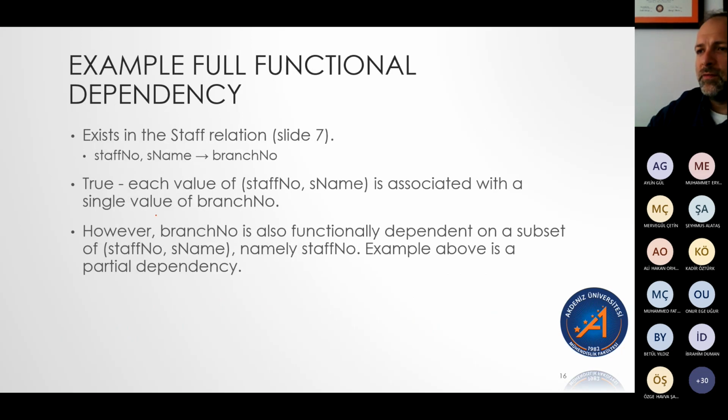An example here, very similar to the one I just gave. Staff number and staff name together determine branch number, right? Each value of the combination of staff number and staff name is associated with a single value of branch number. But it's only dependent on staff number, really.